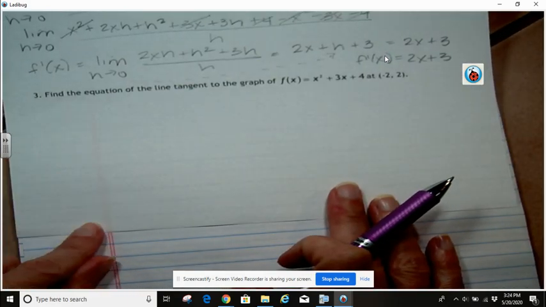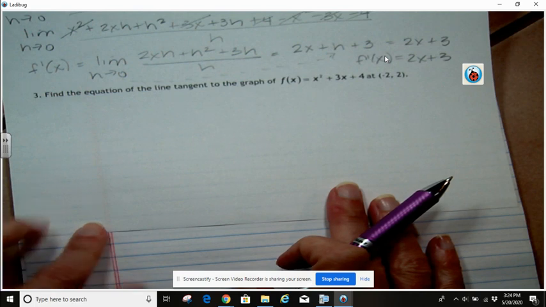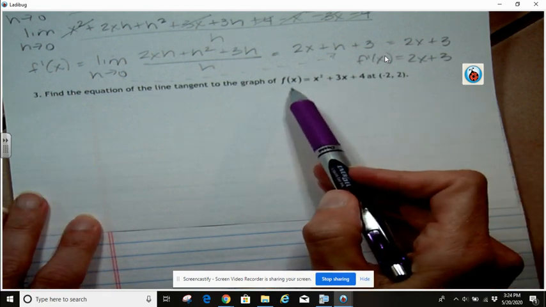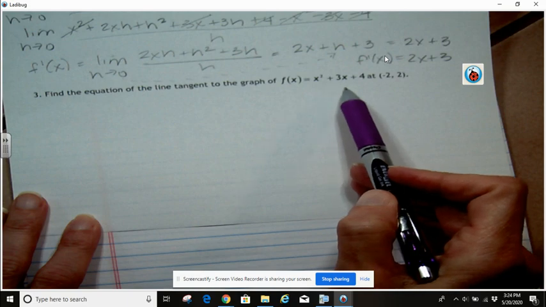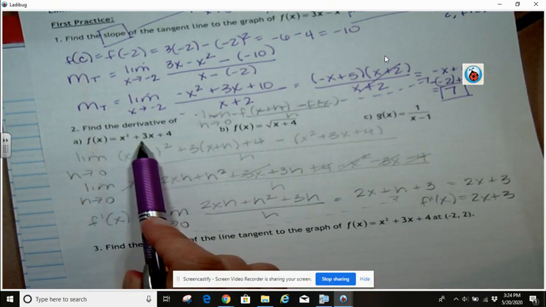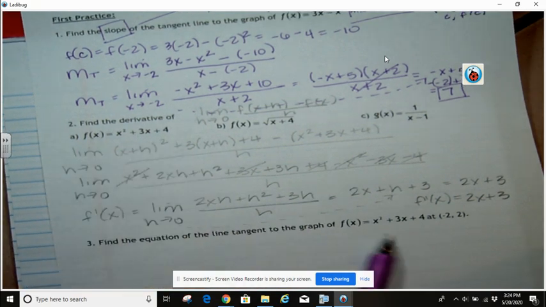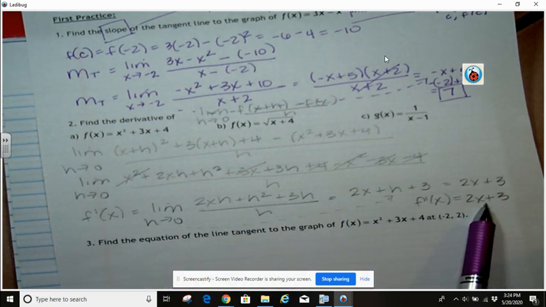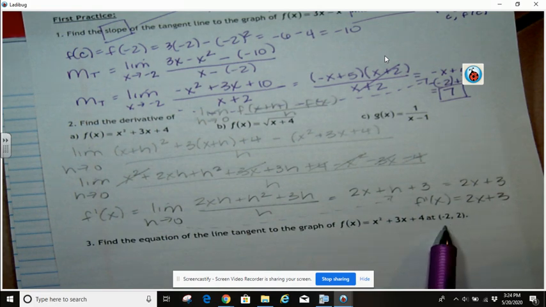Find the equation of the line tangent to the graph of this function, f of x equals x squared plus 3x minus 4. Notice that is the same as I have right here. So I've already actually found a formula, and I have a specific point.